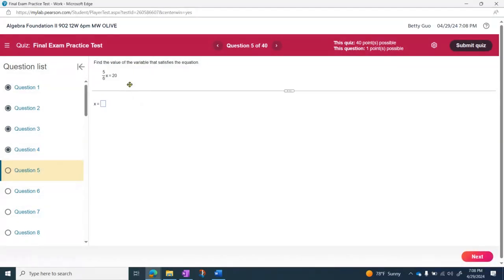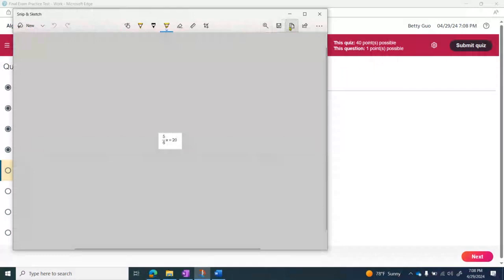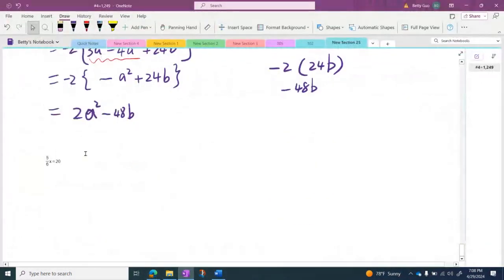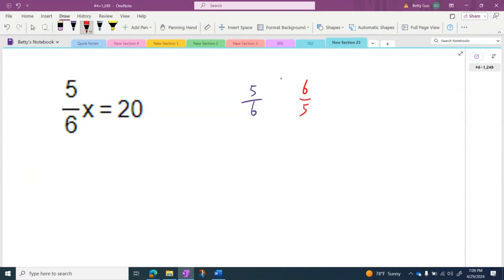Next, find the value of the variable that satisfies the equation. Okay, just solve the equation, right? Solve on my scratch paper, my OneNote. And we're going to use the rule that I stated just now. When the coefficient of the variable is a fraction, we identify the reciprocal of the fraction and multiply each side of the equation by the reciprocal.